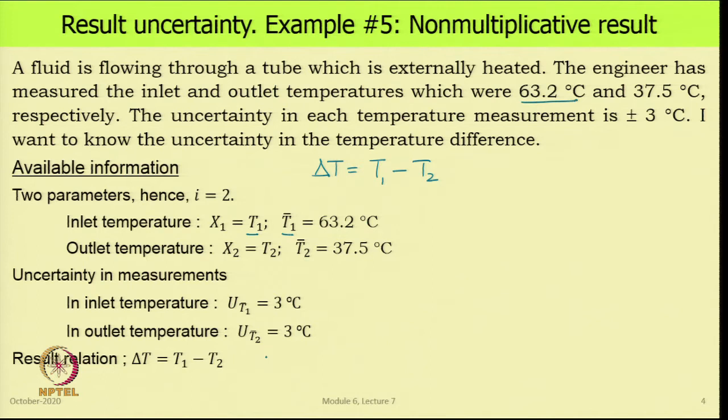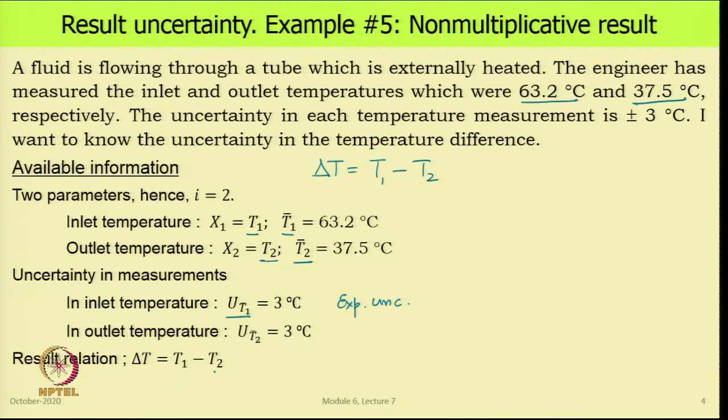The outlet temperature is the second parameter T 2, and its mean value is 37.5 degrees Celsius. Then we are also told the uncertainty in the measurements. In the inlet temperature measurement, the uncertainty is 3 degrees C, which is the expanded uncertainty, so capital U T 1 bar is 3 degrees C, and for the outlet temperature, U T 2 bar is the same, 3 degrees C.